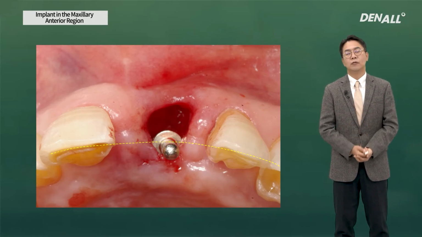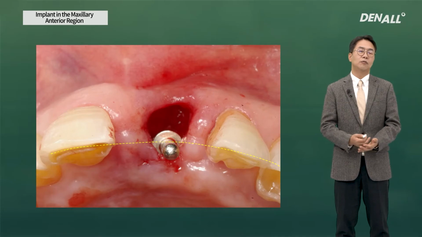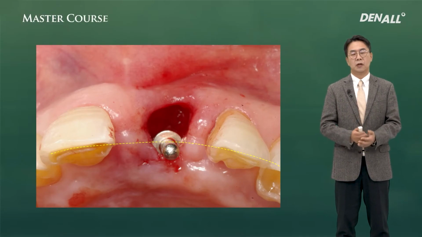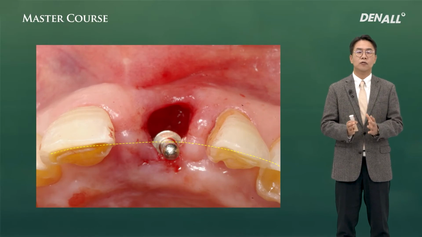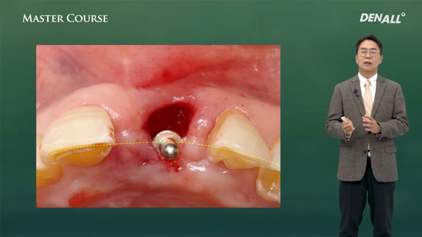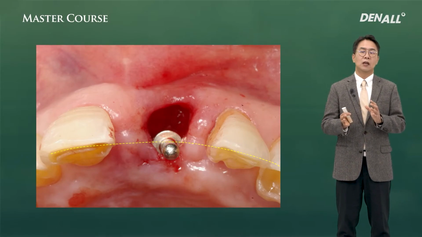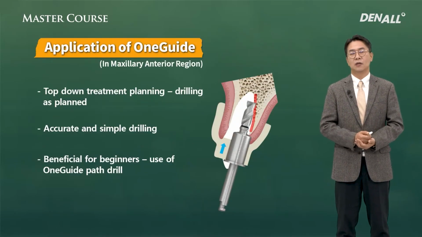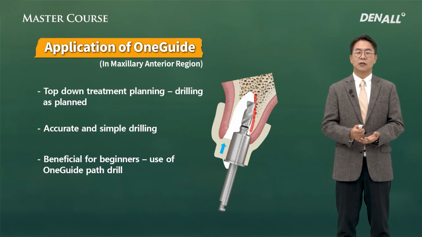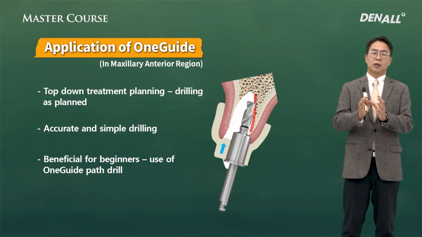We need to check whether the position is really what we want. This position is hard to drill in the maxillary anterior, so stent can be used for the drilling, and it has been improved quite a lot. So guided surgery is used quite often.